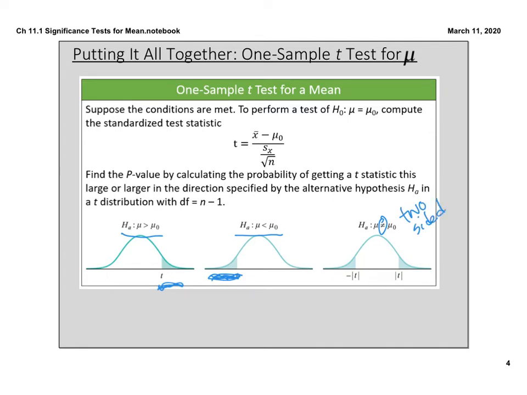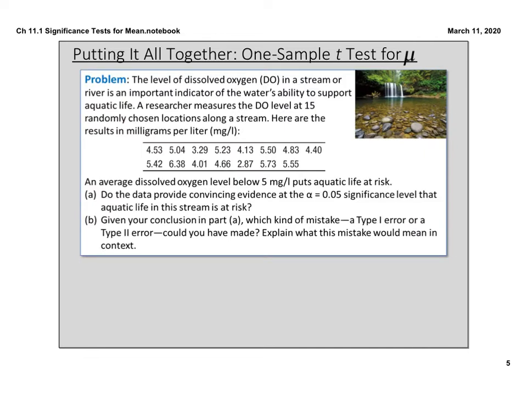For that 2-sided test, you need to find your tail probability and double it. Your calculator may ask you if you want it to be 2-sided, and then it'll do it for you. But just remember that if you're looking at not equal to, you need both tails. We're going to actually do a 2-sided test in our next part.